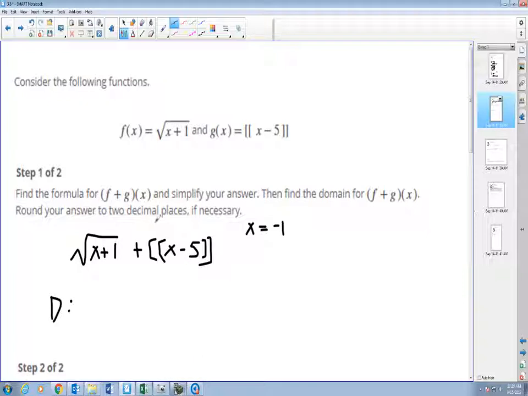Now if I plug in -1 here, -1 plus 1 is 0, and the square root of 0 is 0. If I plug in -1 here, -1 minus 5 is -6, so the greatest integer we begin with is -6. That's why the y value says that.